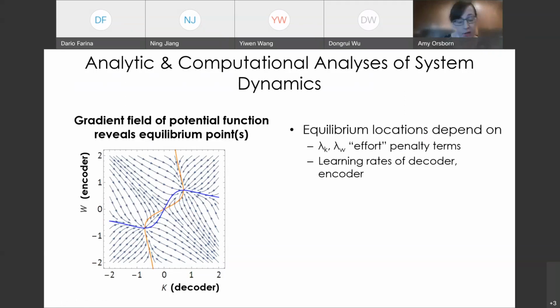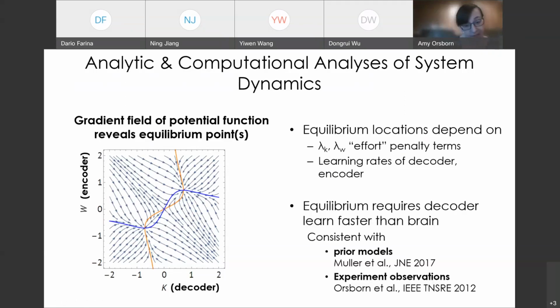And of course, the learning rates are going to influence things. For example, our model recreates some important observations from both prior models of co-adaptation as well as experiments: you can create very unstable systems if you don't have a decoder that adapts faster than the user.